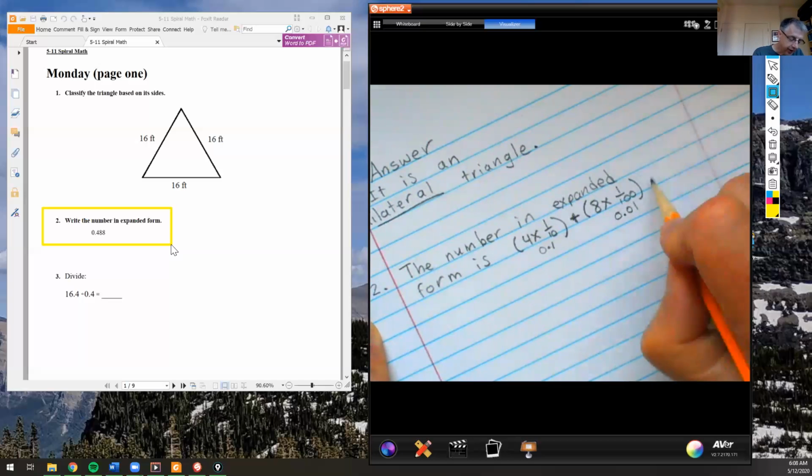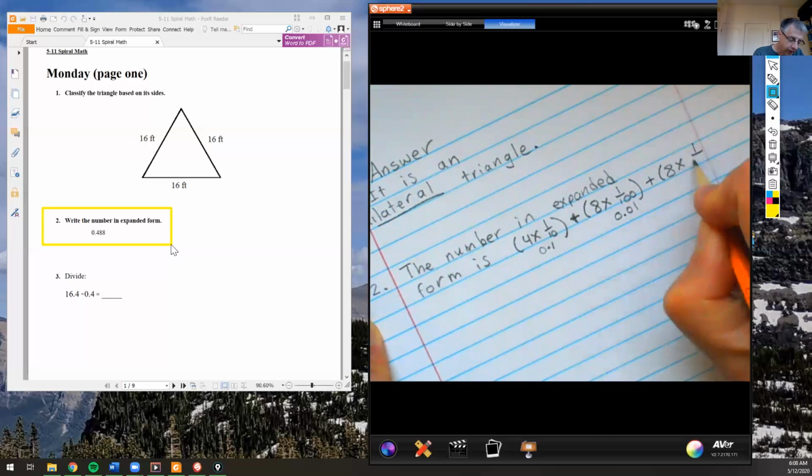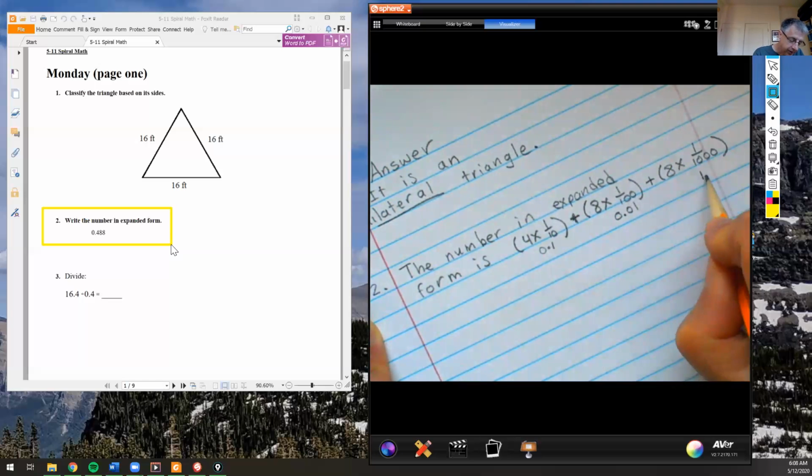And then we'll add our final part, which is 8 times 1/1,000, or 8 thousandths. Or we could write the decimal, 0.001.